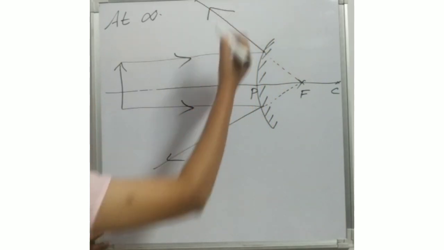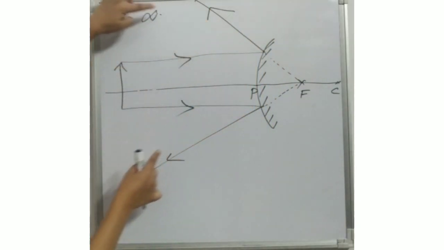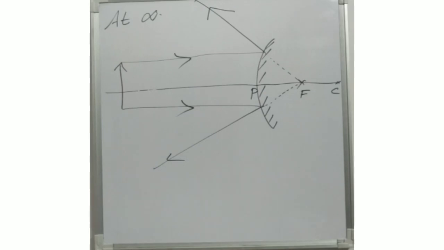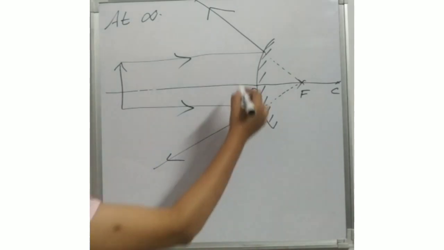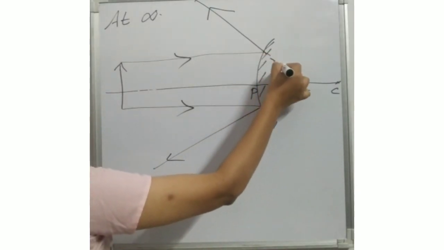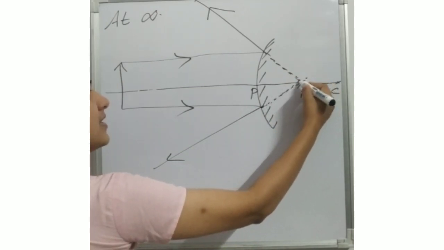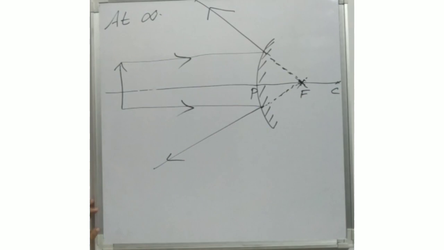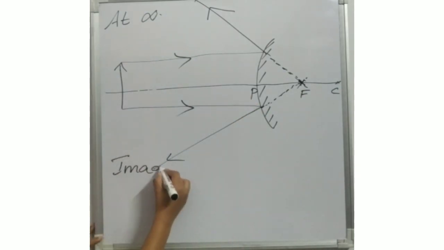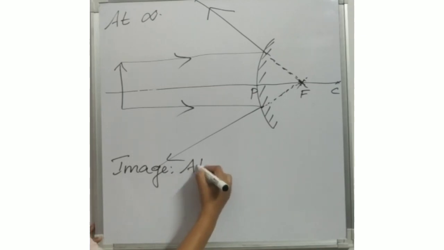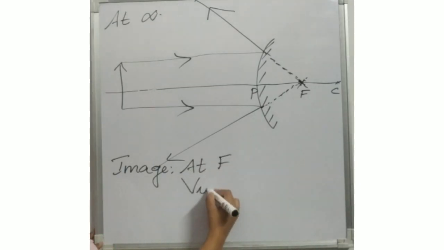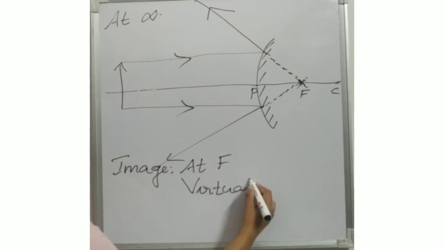We know these two rays will diverge and won't meet each other. So we can draw imaginary lines in the backward direction and they meet at a particular point. So the image is obtained there. Here the image is obtained at F, at the focus, and it is virtual because we got it by drawing imaginary lines.